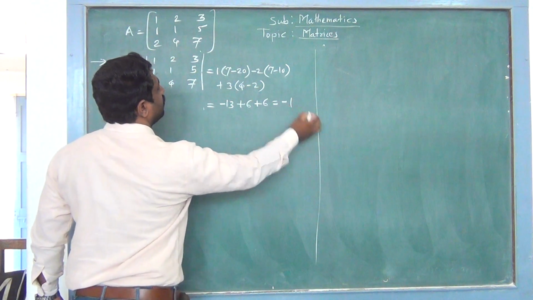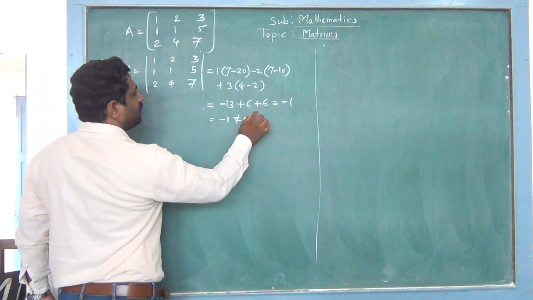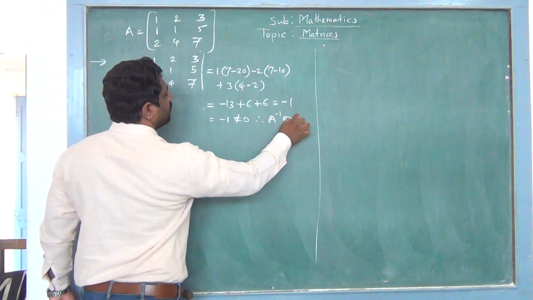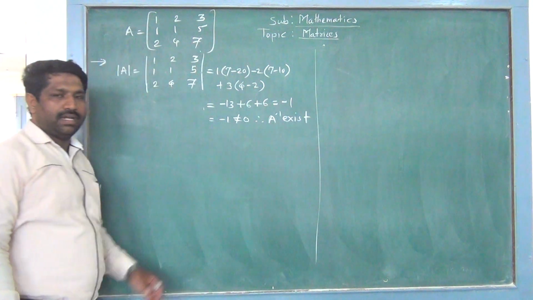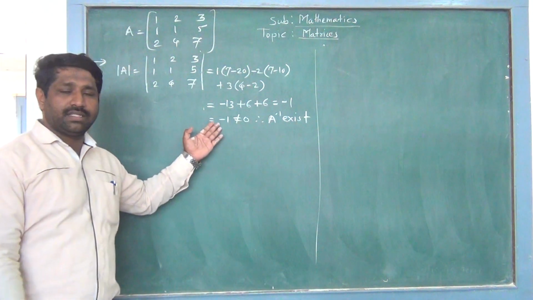We get the value minus 1. So minus 1 is not equal to 0. Therefore A inverse exists. The value is different from 0, आहे त्यामुळे A inverse exists.